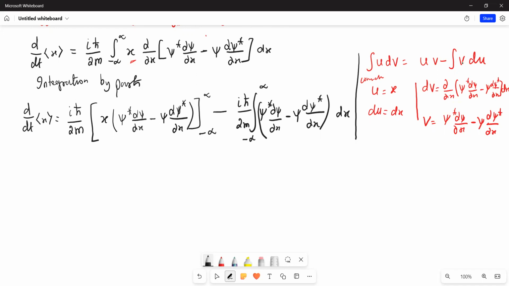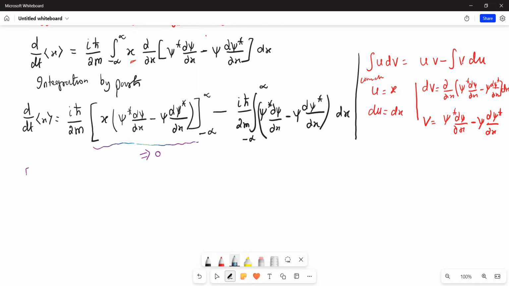Now, in this equation, please see the first step, this one. If you apply infinity and minus infinity for x and psi for any term, that will become 0.